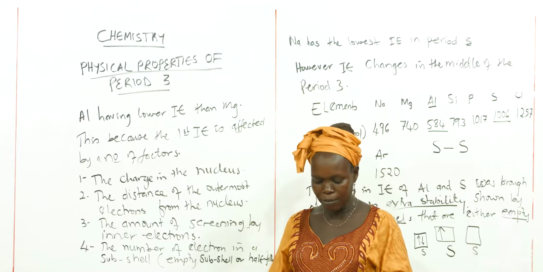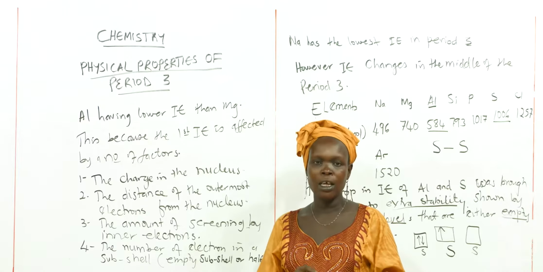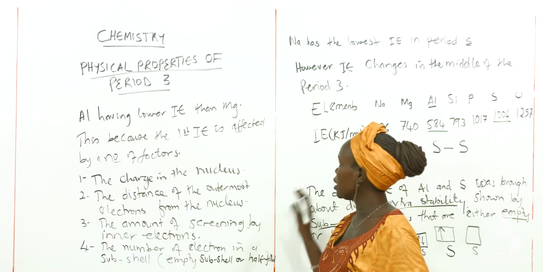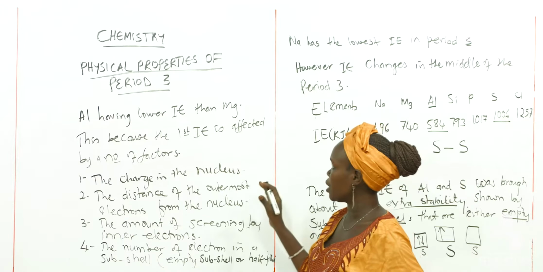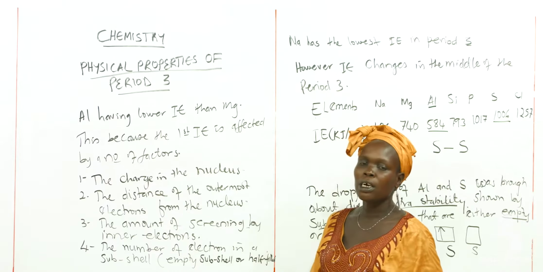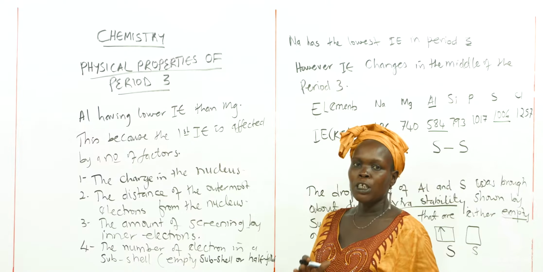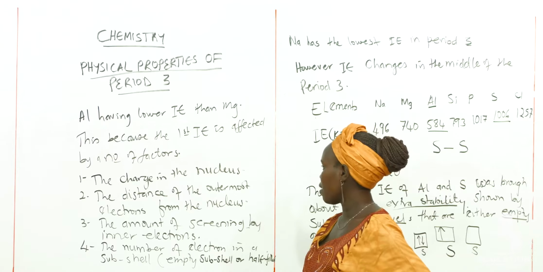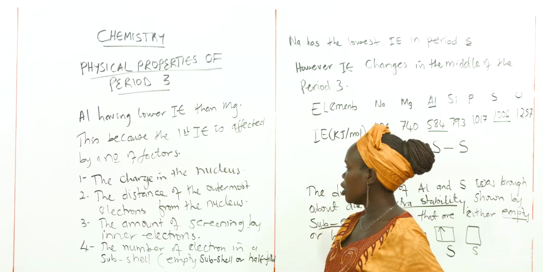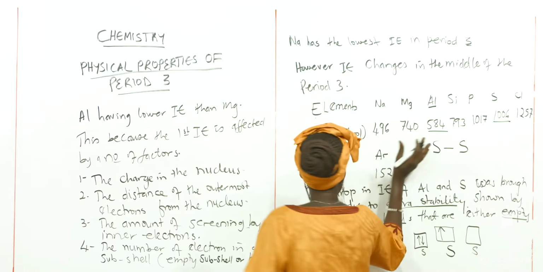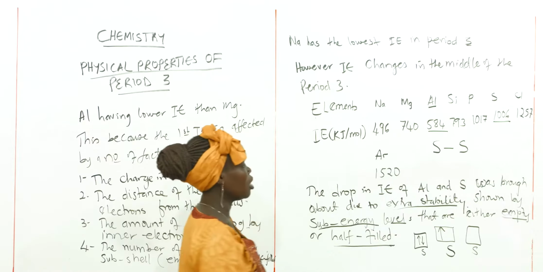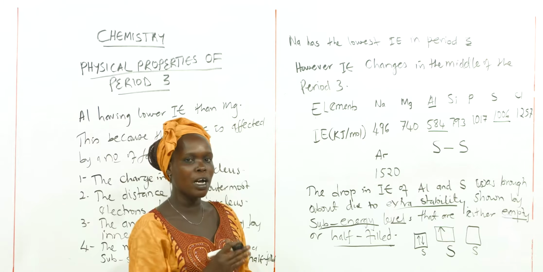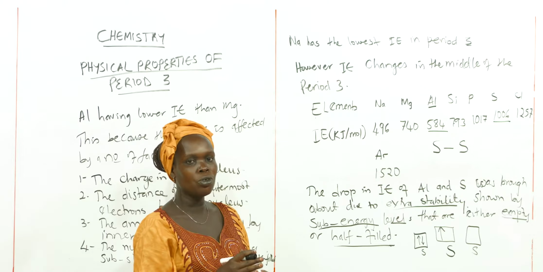We need to remember that ionization energy is very important when we are dealing with the formation of compounds. So we need to remember the factors that affect the ionization energies, and also the values of each ionization energy and which elements in period 3 have a lower ionization energy than it should have been.